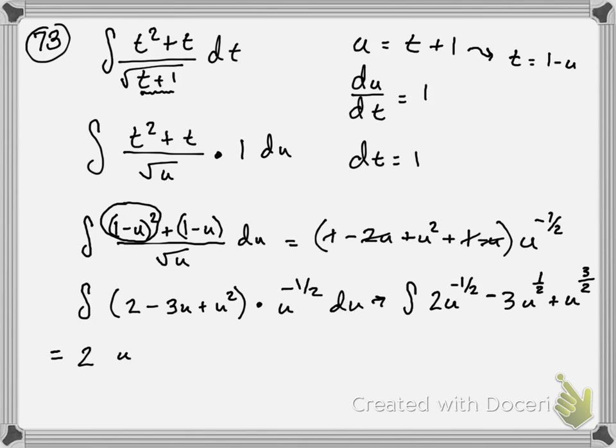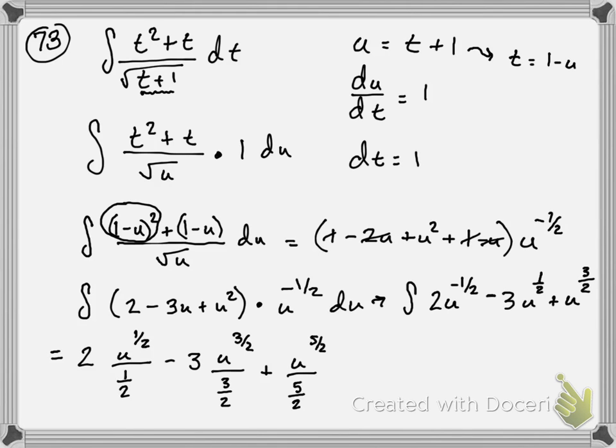You've got u to the negative 1/2 plus 1, so that's 1/2, all over 1/2, minus 3u to the 3/2 all over 3/2, plus u to the 5/2 all over 5/2.